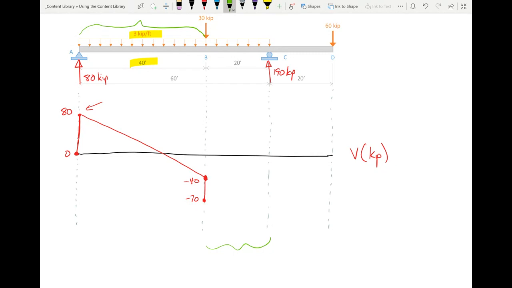No, not negative 100, negative 130. There you go. And that's going to look, maintain my color scheme. Negative 130.